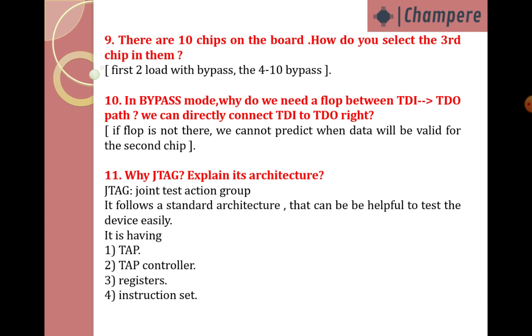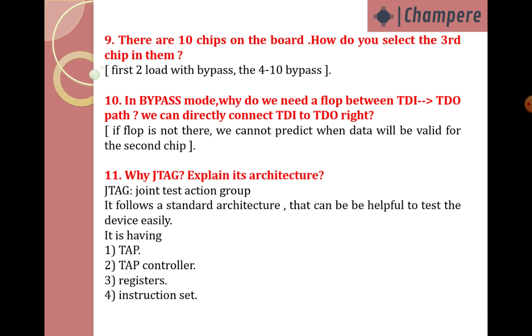Why JTAG? Explain its architecture. It is a very basic answer for that. If you want, you can refer to the manuals or videos on YouTube. JTAG means Joint Test Action Group. Some books give Joint Test Access Group also. Both are the same. It follows a standard architecture. It helps to test the device easily.